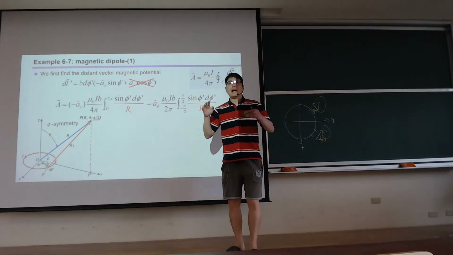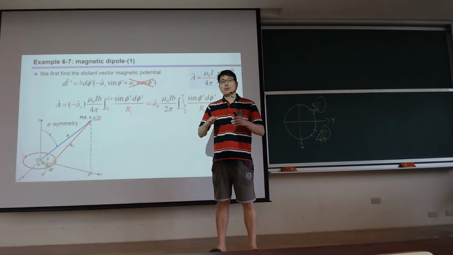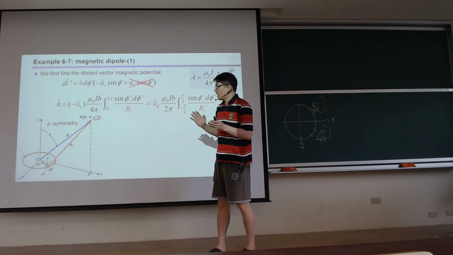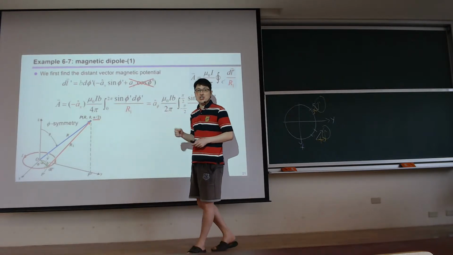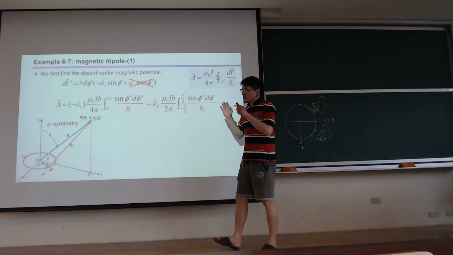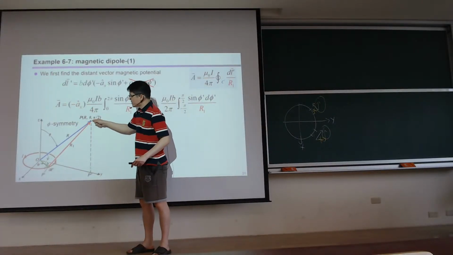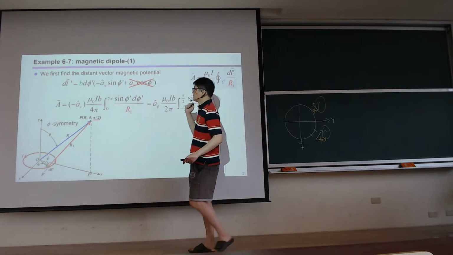Remember, I'm working everything in spherical coordinates, so I will only expect to see r, beta, and phi. I don't really expect to have ax. That's Cartesian coordinates. So in this particular case, negative ax for this observation point is a phi.